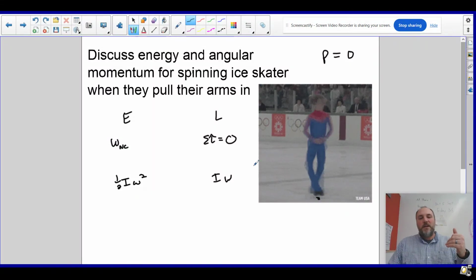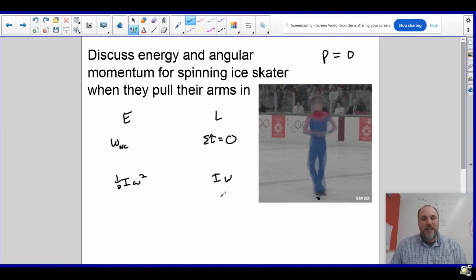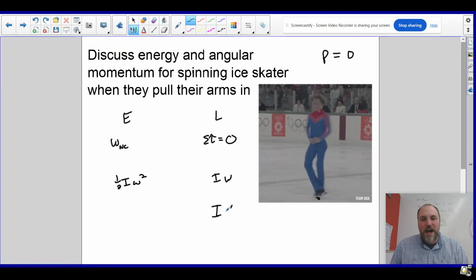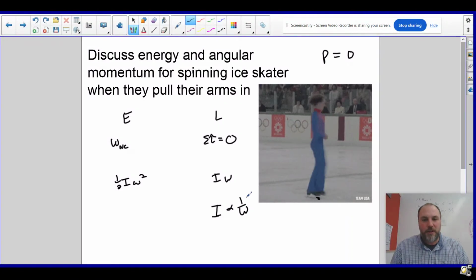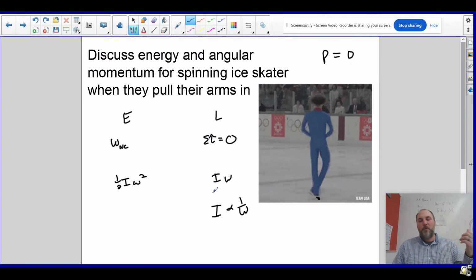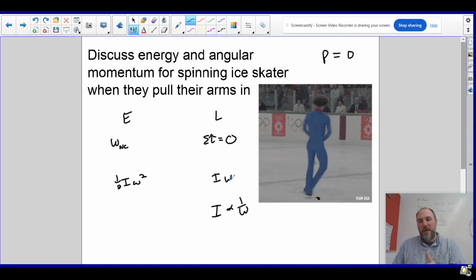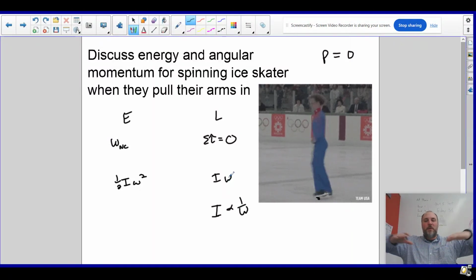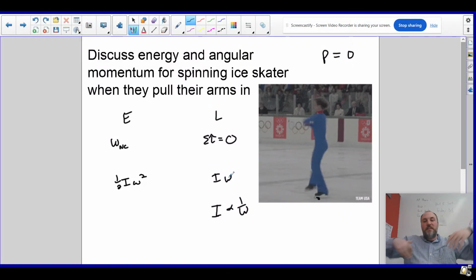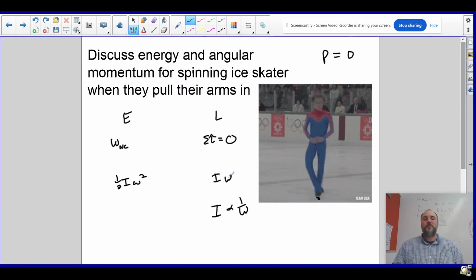So if, for example, angular momentum was conserved, then it means that I and omega are changing inversely proportionally. So if I double I, then I have to cut the omega in half. And that's what's happening when I spread my arms out and they slow down.